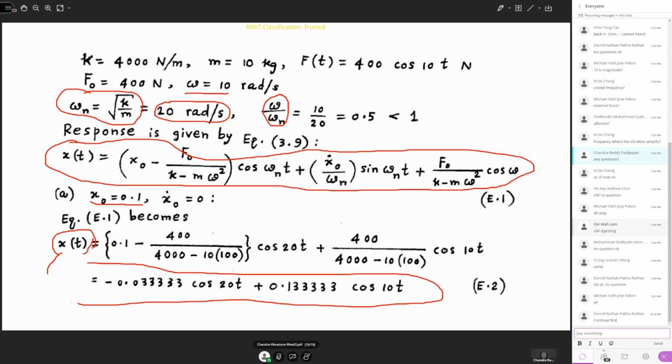So just substitute 0.1 instead of x, and whatever the quantities, you just include omega square, you can replace with whatever the value, that is 0.5 square. Just simplify this, then you can write the response as shown here.